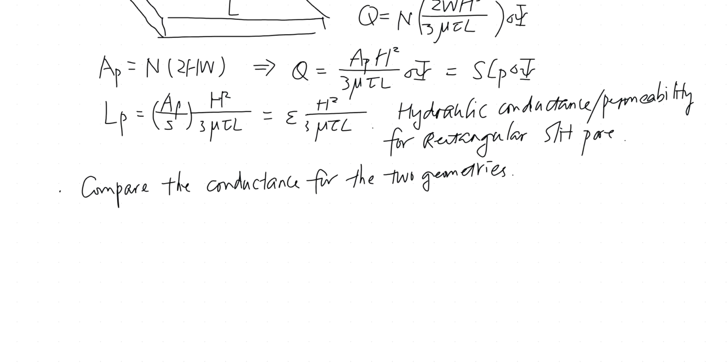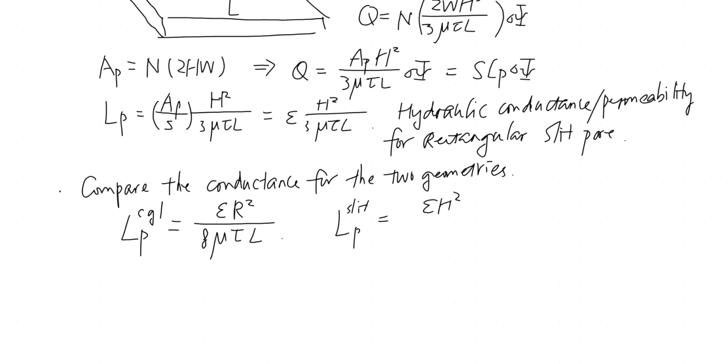One is cylindrical, it's called L_P. For cylindrical, it is epsilon r squared divided by 8 mu tau L. And then we also have L_P for slit: epsilon h squared divided by 3 mu tau L.